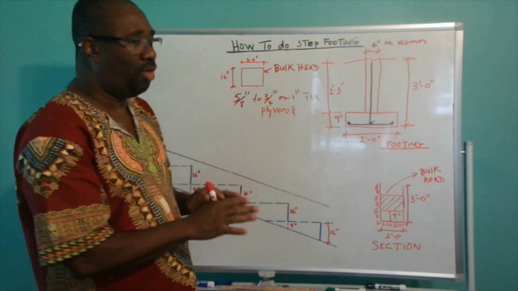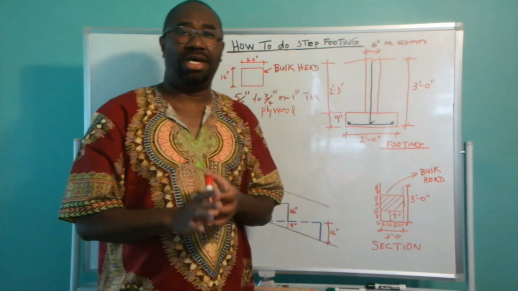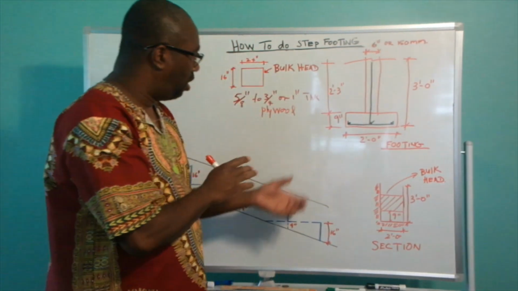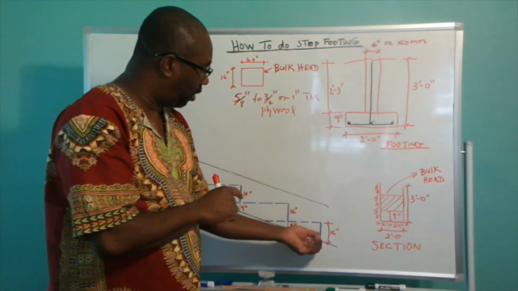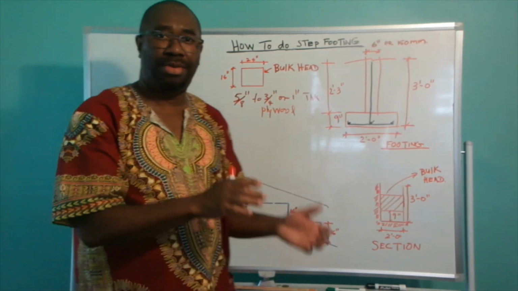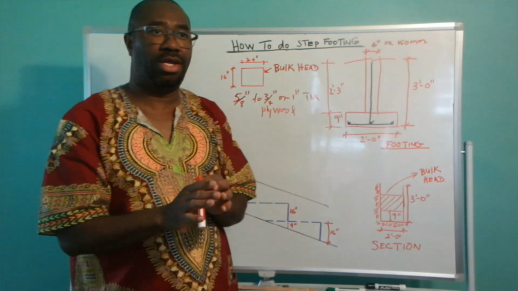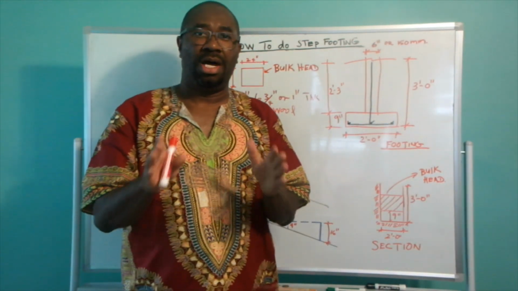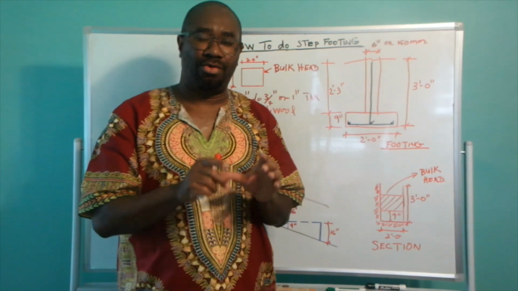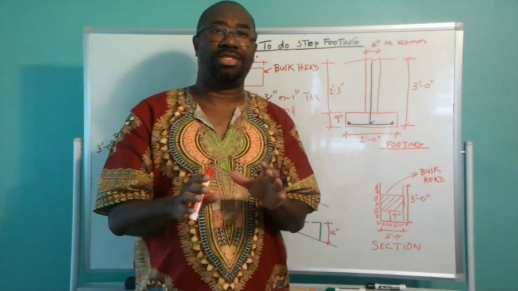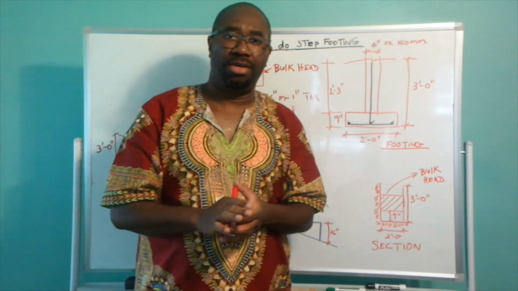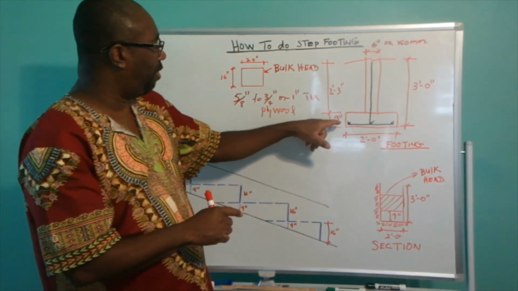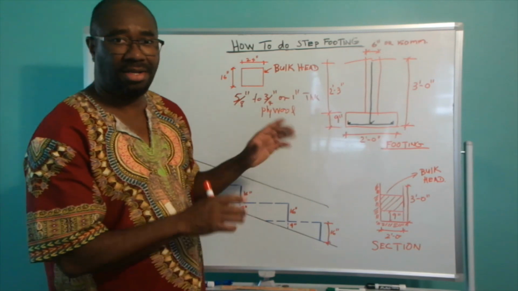Now, I have seen where builders on site start out with the thickness of their footing on a sloped land to be 8 inches. In other words, they use the 8 inches block to step their foundation. And I'm saying that is not right, because when you start out to step your footing with an 8 inches block, already you're below the thickness of your footing of 9 inches.